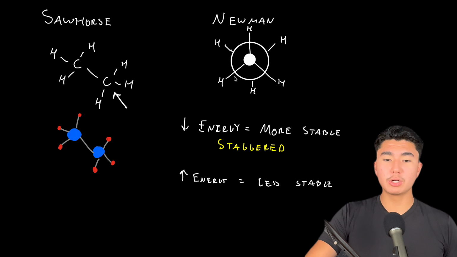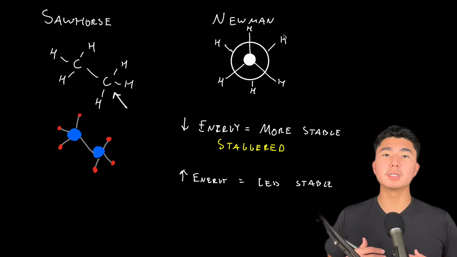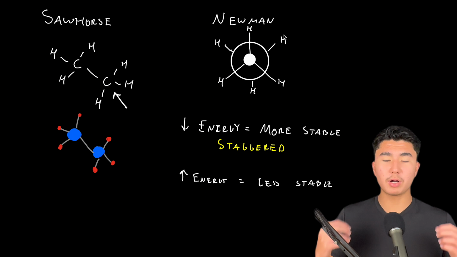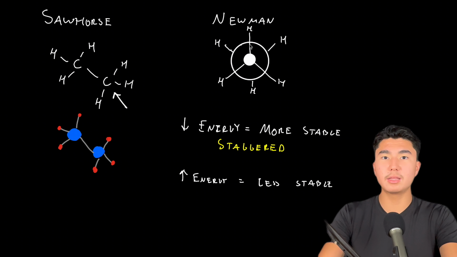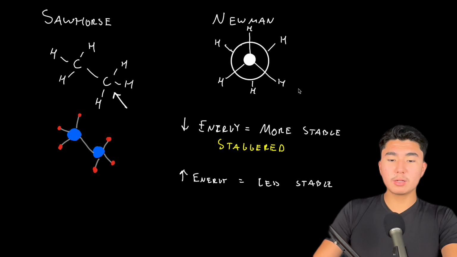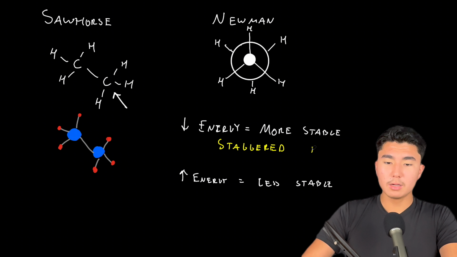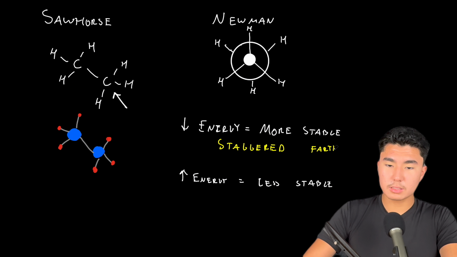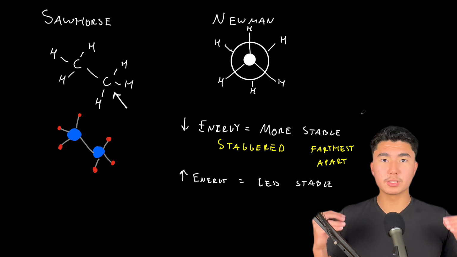So our Newman projection over here is a staggered conformation because those CH bonds are farthest away from each other. As you can see, this is the farthest that they can get away from each other while still being bonded to each other. So this is going to be our staggered, and I'm going to write this over here. I'll just write farthest apart. Hopefully you understand that what I mean by farthest apart is those CH bonds being farthest apart.